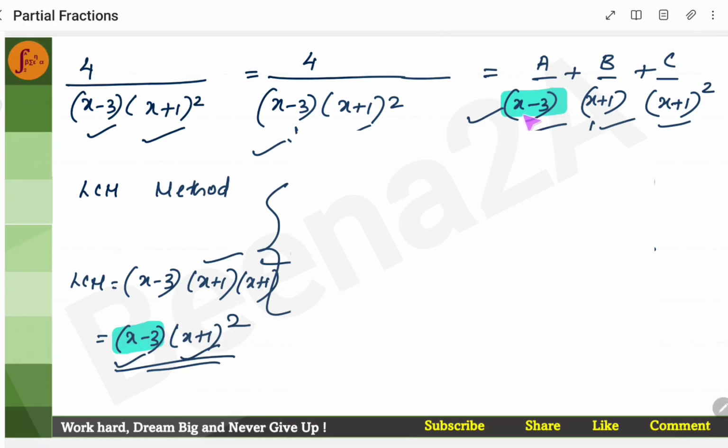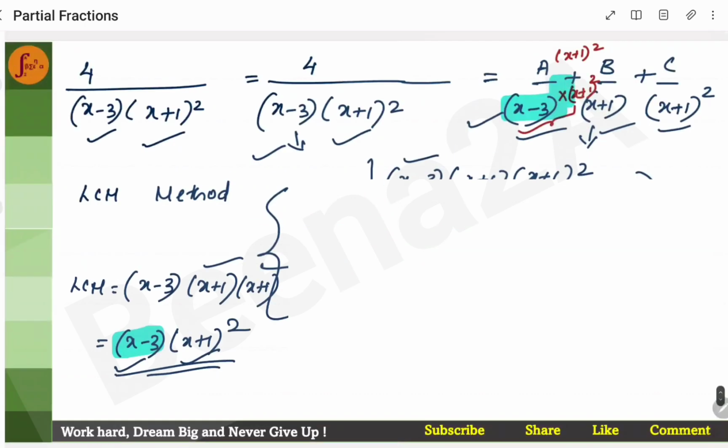If I multiply with x plus 1 the whole square, then this becomes the LCM. I have to obtain the LCM ultimately, and to get that I have to multiply with x plus 1 the whole square. But I have to multiply the numerator, not the denominator. So A into x plus 1 the whole square.